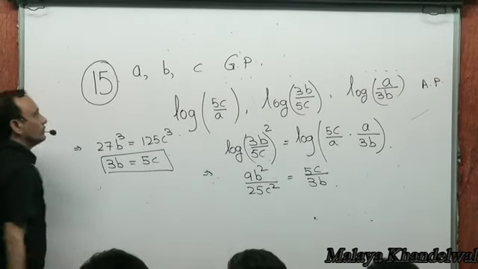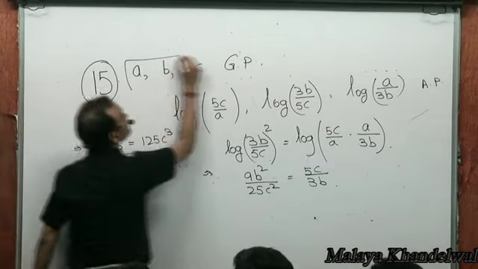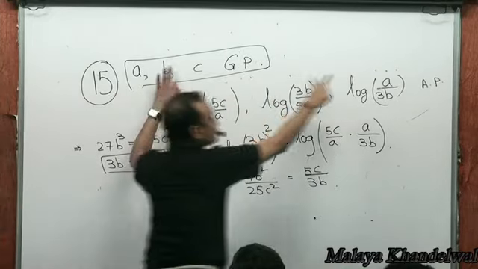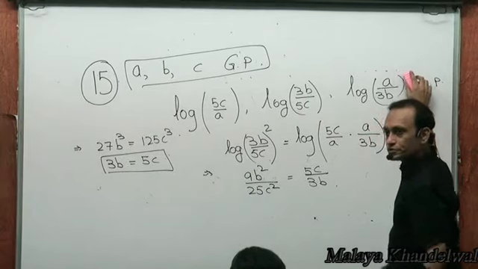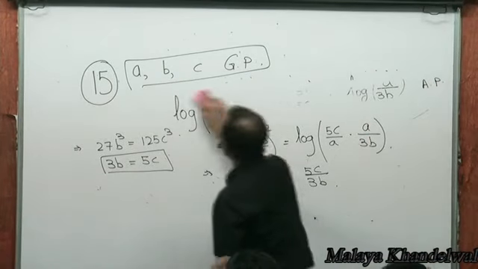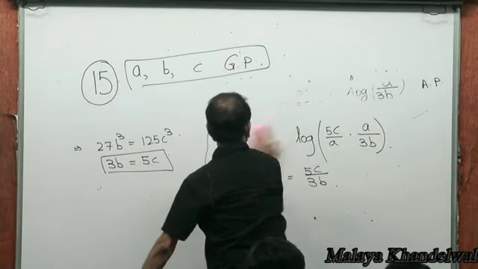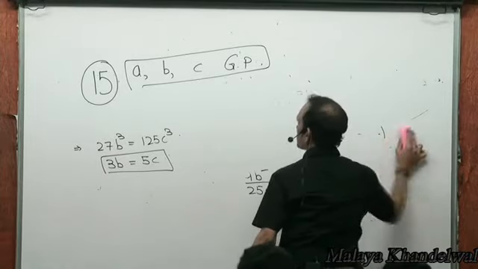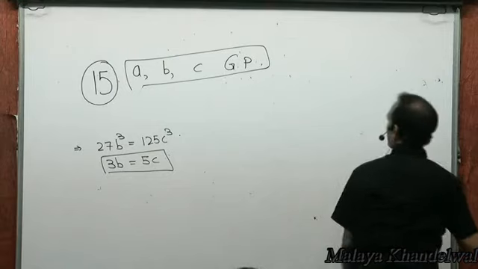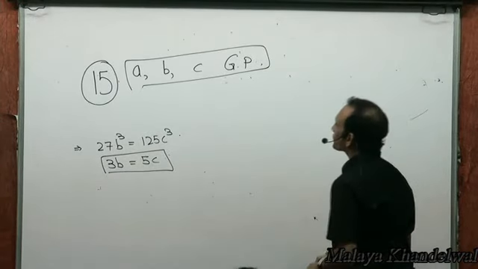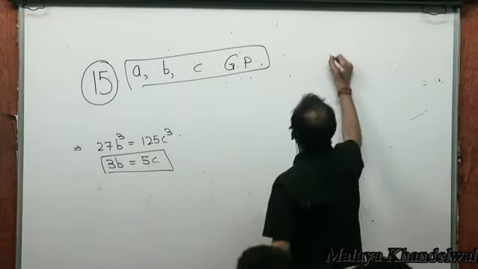Now, A, B, C are in GP. Can I just remove the clutter from here? Right?